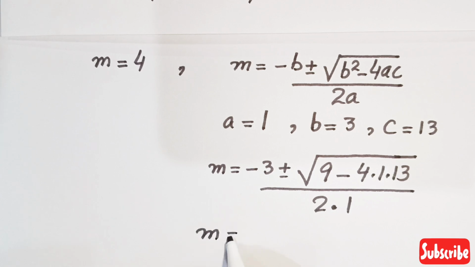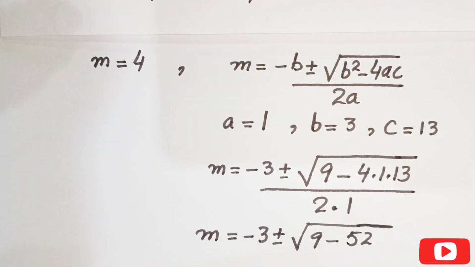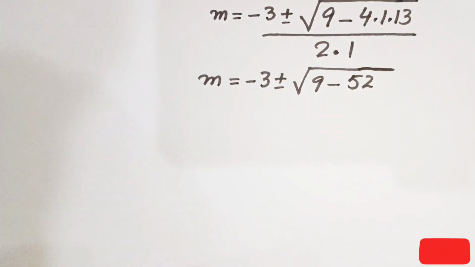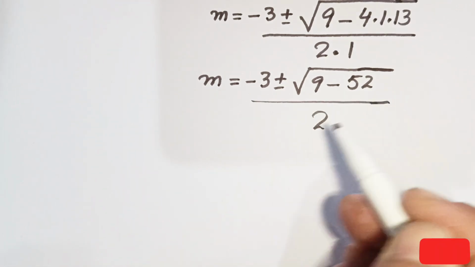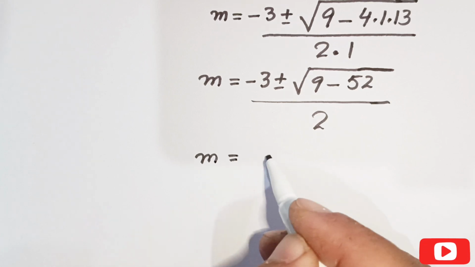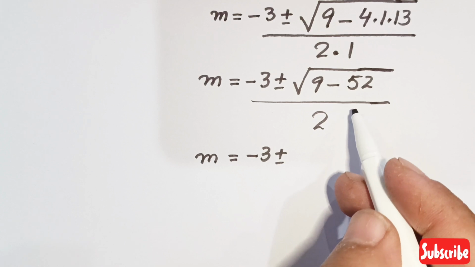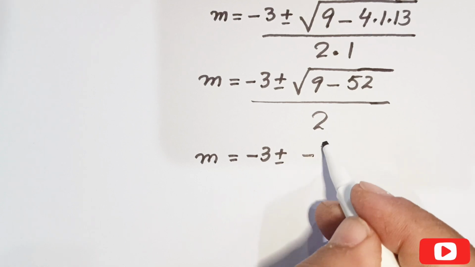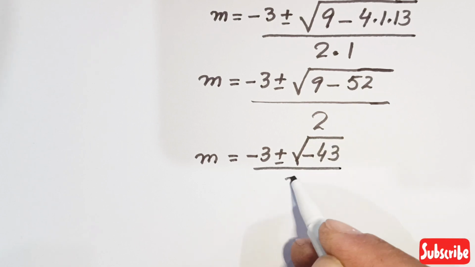Now m is equal to minus 3 plus minus square root of 9 minus 13 times 4, which is 52, all over 2 times 1, which is 2. Now m is equal to minus 3 plus minus square root of 9 minus 52, which is minus 43, so we just write minus 43 square root all over 2.